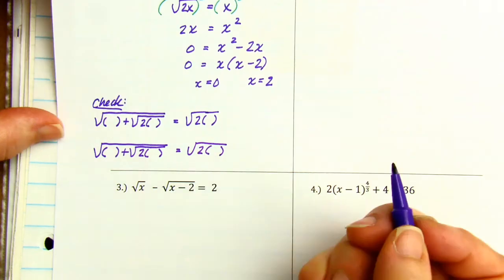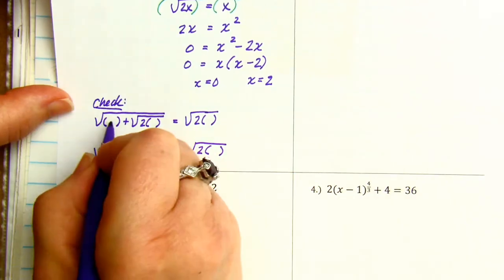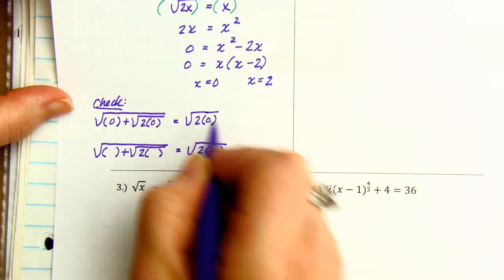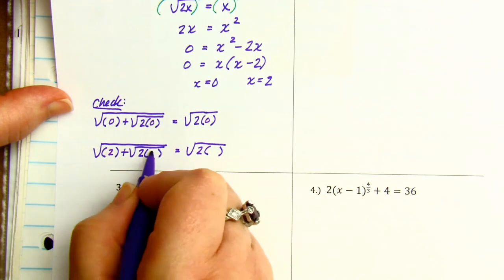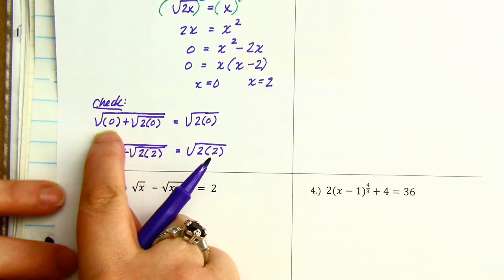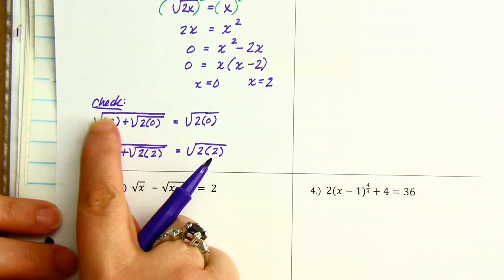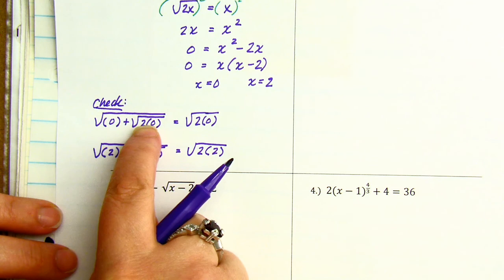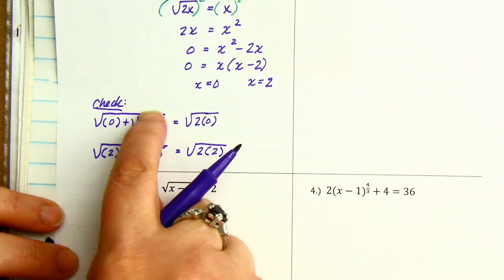All right, now I'm going to substitute in my values of my solutions. 0, 0, 0, 2, 2, 2. All right, this one should be easy. 0 plus square root of 0 is 0. This whole thing is 0, equals 0.